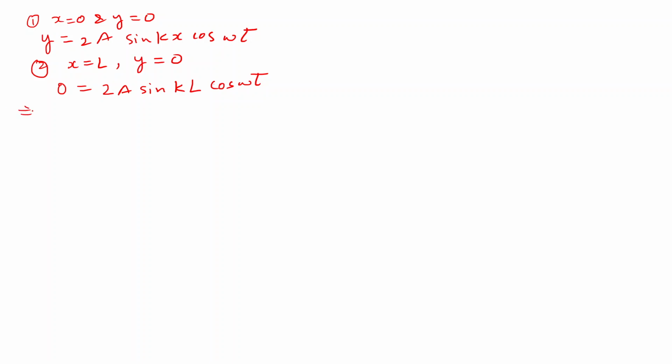So from this we understand that ultimately sin kL is what is becoming 0, and we know that sin value is 0 for pi, 2 pi, 3 pi. So sin is 0 when kL is an integral multiple of pi, kL is equal to n pi, where n can be 1, 2, 3 and so on, right? n is an integer here.